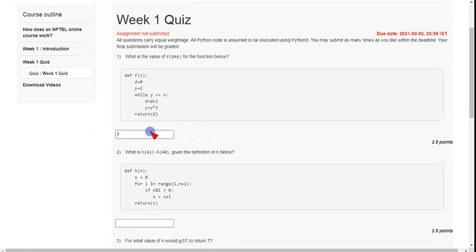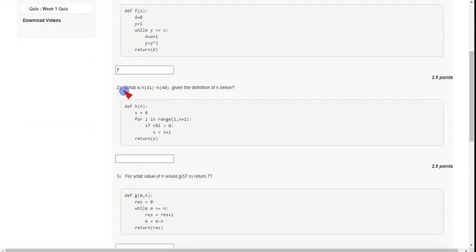box they have given. And coming to the second question, what is h of 41 minus h of 40, given the definition of h below? So for this code, if n value is 41 we will get a value, and for n equal to 40 we will also get another value.